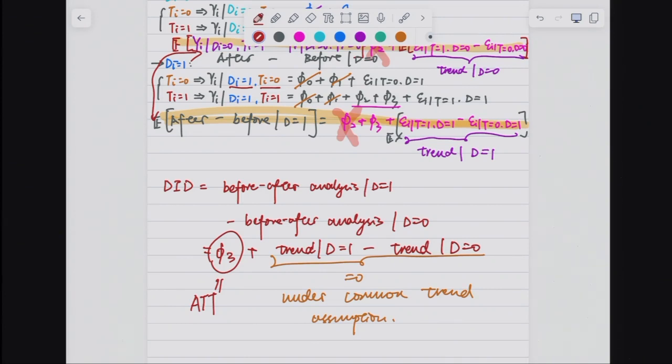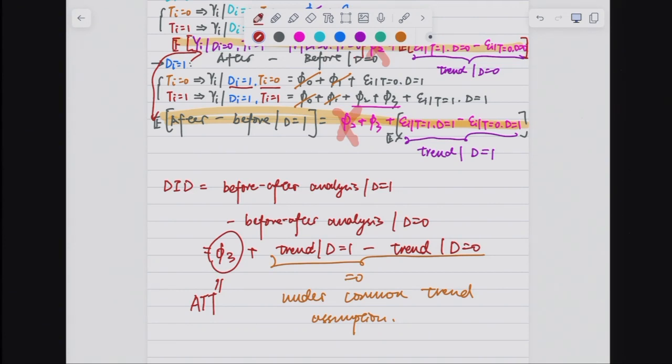And we hope that by having data on more pre-treatment time period observations, we'll be able to check whether the trends are parallel in those pre-treatment periods. That will at least give us a bit more confidence that during the period where we're actually calculating the DID, they will have the same trend absence of the treatment.